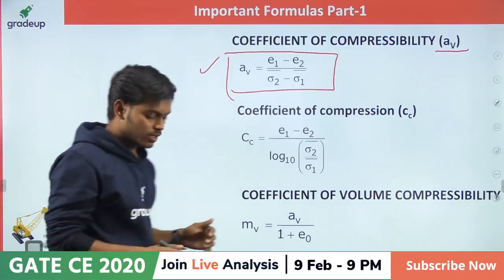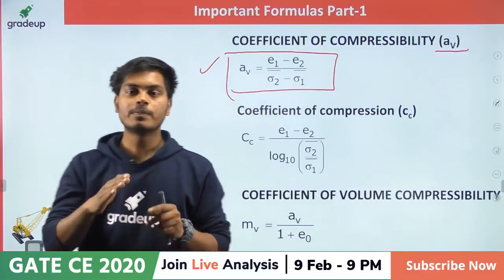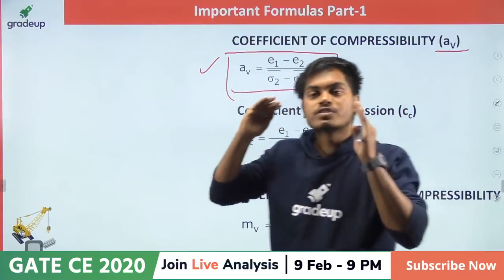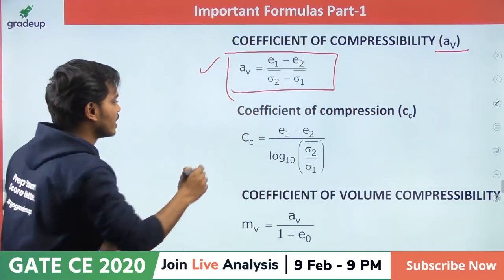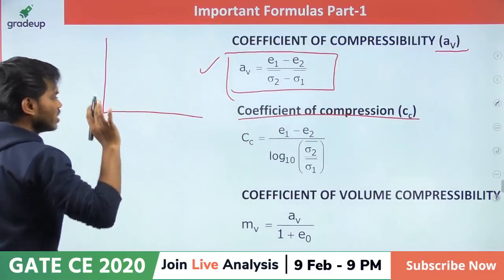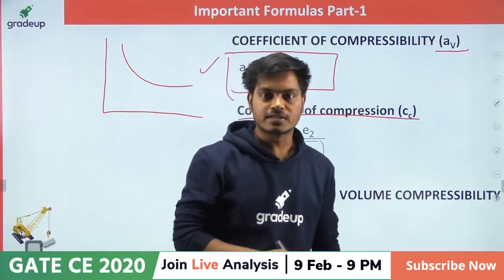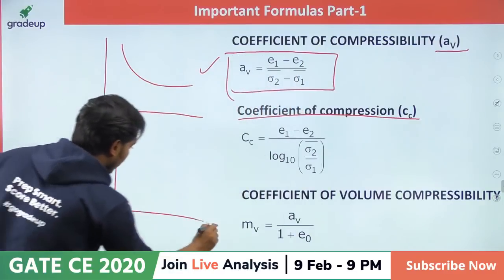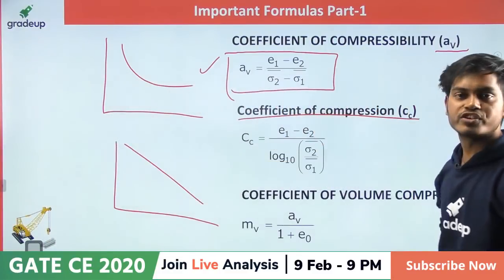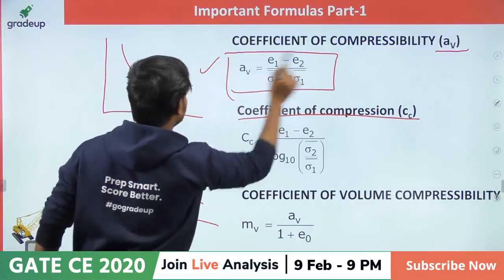Okay, as soon as your graph is the logarithmic graph actually, जिसमें you will be getting a straight graph. Okay, उस टाइम पे you will be getting the value of coefficient of compression. ठीक है. अगर आपका नॉर्मल ग्राफ है, उस टाइम पे आपका जो curve होगा it will look something like this. But if you have a logarithmic graph, in that condition your graph will look something like this, and you will get the value of coefficient of compression. Next you will get the value of coefficient of compressibility in this graph.